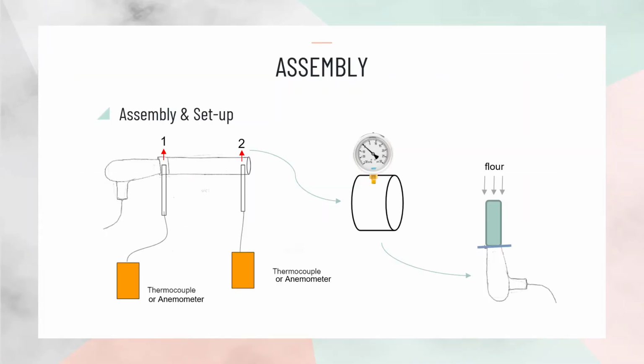And this is the assembly of our system. Basically, the hairdryer will be connected with the stainless steel pipe, and there will be 2 points, point 1 and point 2. In point 1 and point 2 we will make a hole, and in the hole we will put the pressure gauge to measure the pressure, and also the thermocouple and the anemometer to measure the temperature and the velocity.